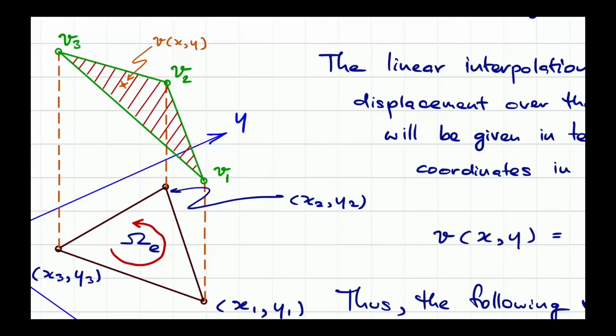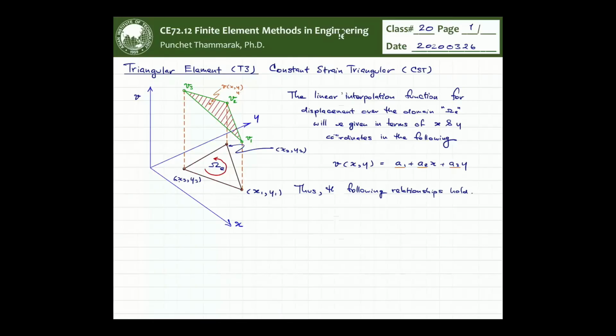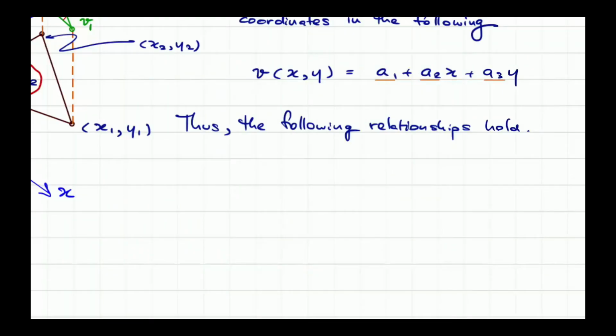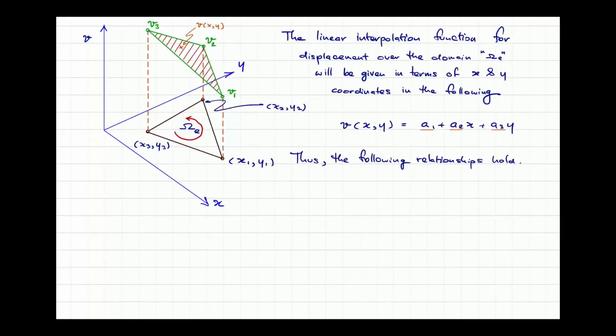Because v1 is calculated from the x1, y1, likewise for v2 and v3. So I just write this out. v1 is equal to v(x1, y1), and it is equal to a1 plus a2 x1 plus a3 y1.